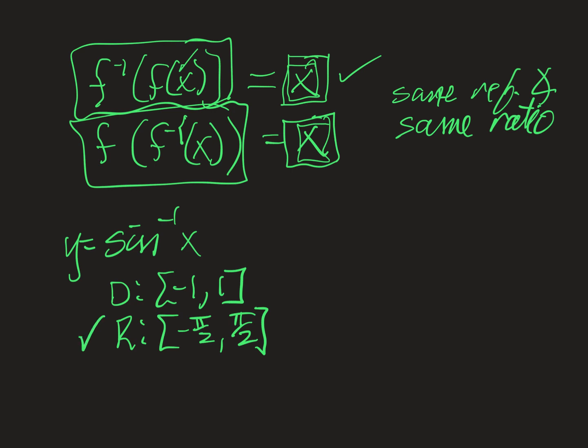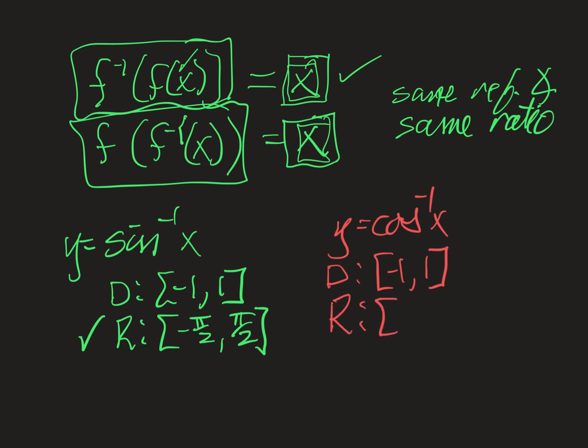However, if you go to inverse cosine, its domain is also -1 to 1, but its range is 0 to pi. If you don't remember this, go back and look at the graph back on slide 2 where I showed you where the inverse cosine graph was. Its range is from 0 to pi.